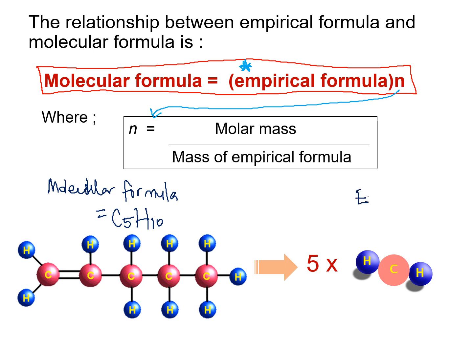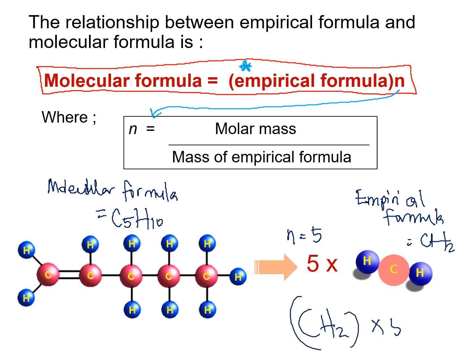It is because of its empirical formula is CH2. And nilai N dia pula adalah 5. Okay, so basically CH2 you kalikan dengan 5, C kalikan dengan 5 dapatlah C5, H2 kalikan dengan 5 dapatlah H10.